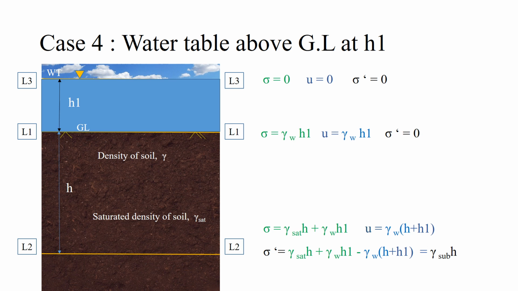Therefore, the effective stress is obtained as gamma saturated H plus gamma W H1 minus gamma W H minus gamma W H1. Therefore, we will get effective stress as gamma submerged into H. Now, when considering level L3, since there is no water above it, the total stress will be zero, the pore water pressure will be zero, therefore, the effective stress will also be zero.